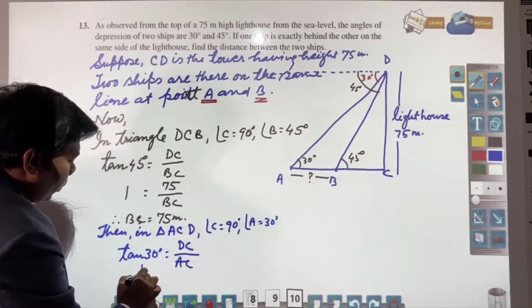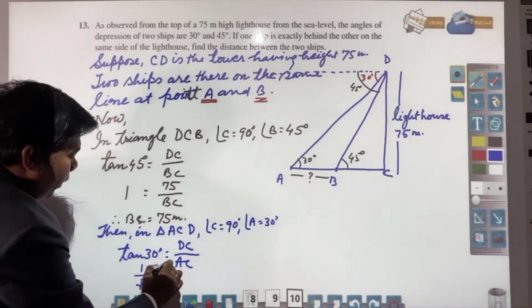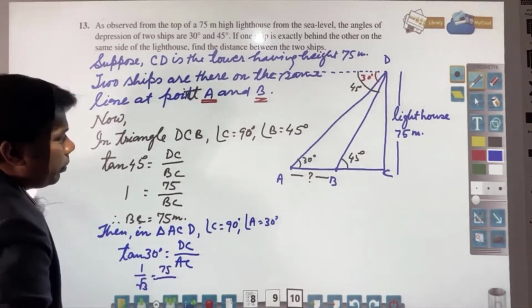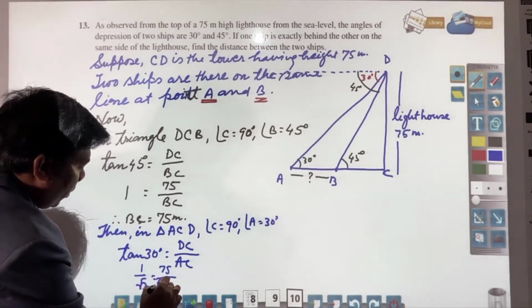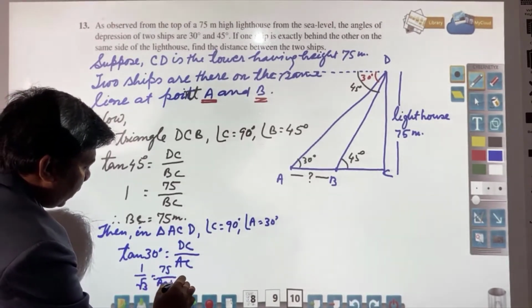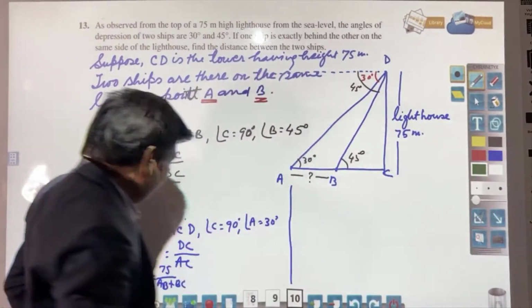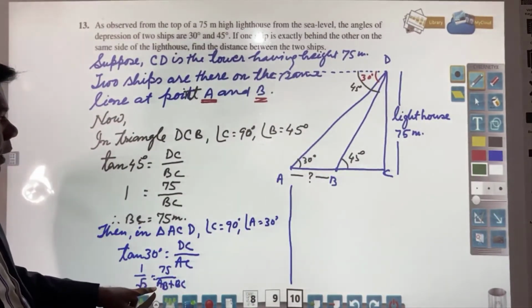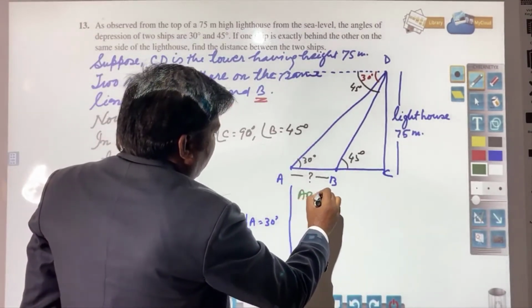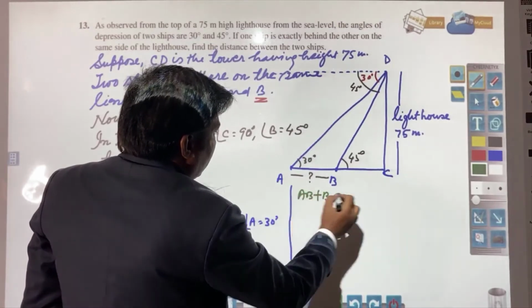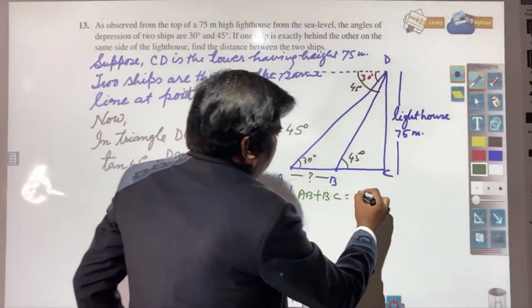Tan 30 we know that is 1 by root 3 and that is equal to 75 divided by AC, which can be written as AB plus BC. So here you see AB plus BC is equal to what you will get, 75 root 3.